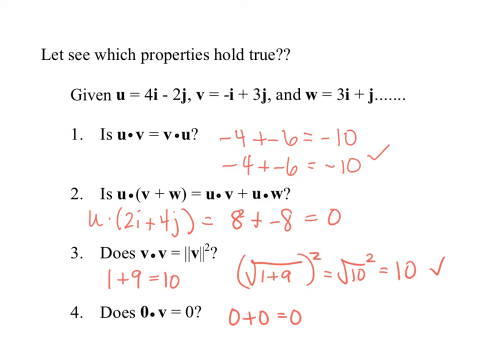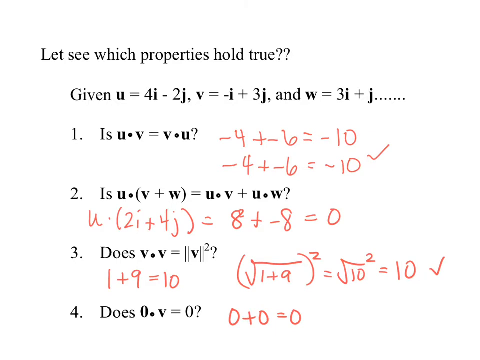Okay, so in the first problem, note that dot product is commutative, that it doesn't matter which order you do it in. The next one looks like a distribution of the dot product, and that also works. What was kind of bad about this example, though, is that it equals 0.